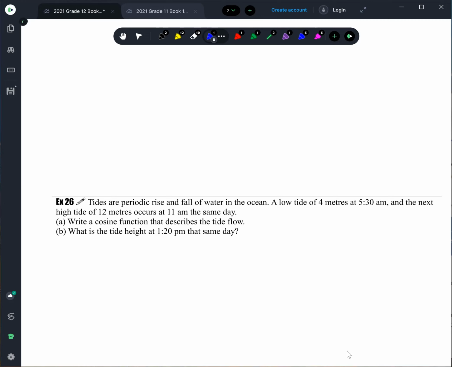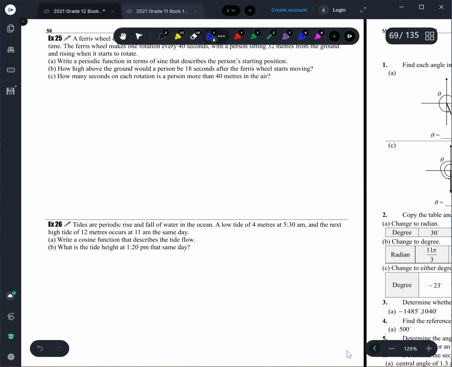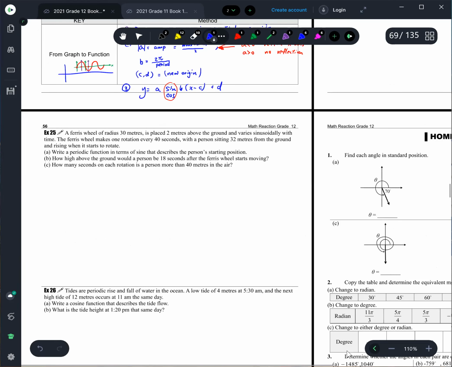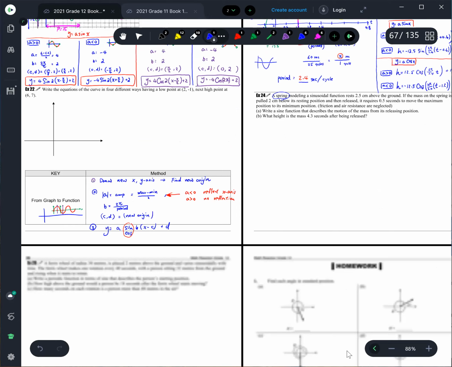So it also goes to highest and lowest depending on the different time of the day. High tide, low tide. If you are able to model the height of the tides, then you can use it to predict when will be the best time to go out to sail, and when's the safe time to come back. So those are some of the applications of how math can be applied.